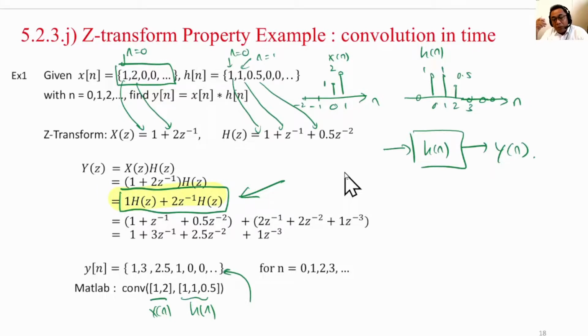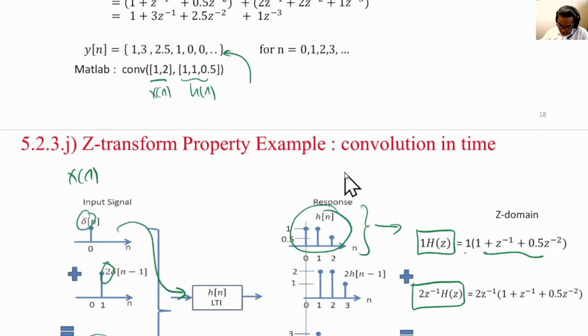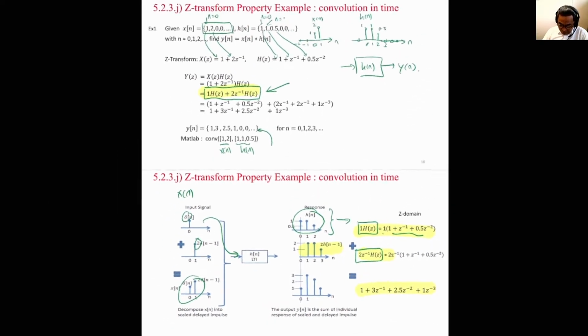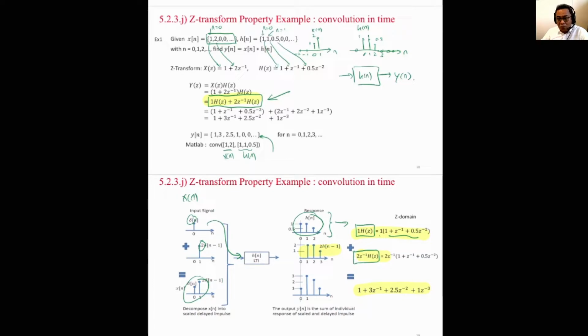So manipulating polynomials and distributing them is exactly what we are doing, studying the response for each input signal separately. Finally, the output is what we expected in the previous example. So these two diagrams show you different ways to see convolution.